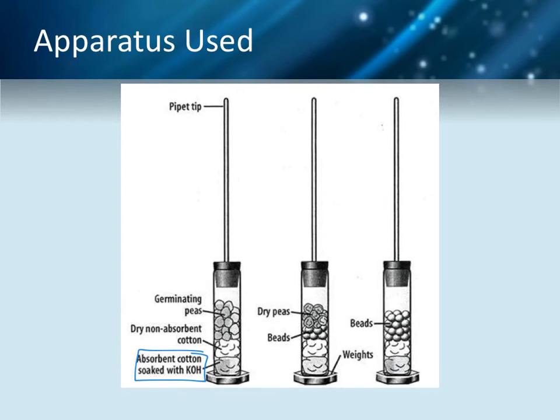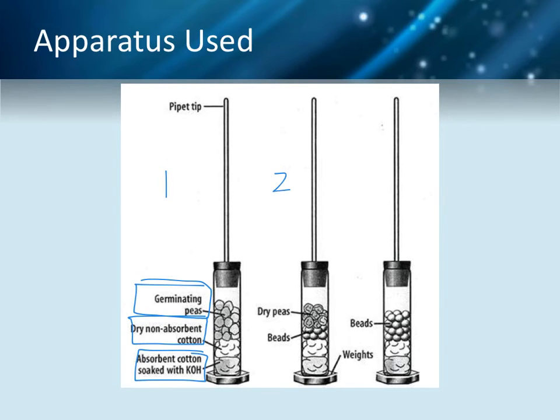And then on top of that soaked cotton, we're going to put some more cotton that can't absorb the potassium hydroxide, because we want to keep the potassium hydroxide on its own down there. So the non-absorbent cotton is going to create like a barrier. On top of that non-absorbent cotton is going to be, in one of the respirometers, some germinating peas. So peas that have already started to sprout, essentially. So that's number one.